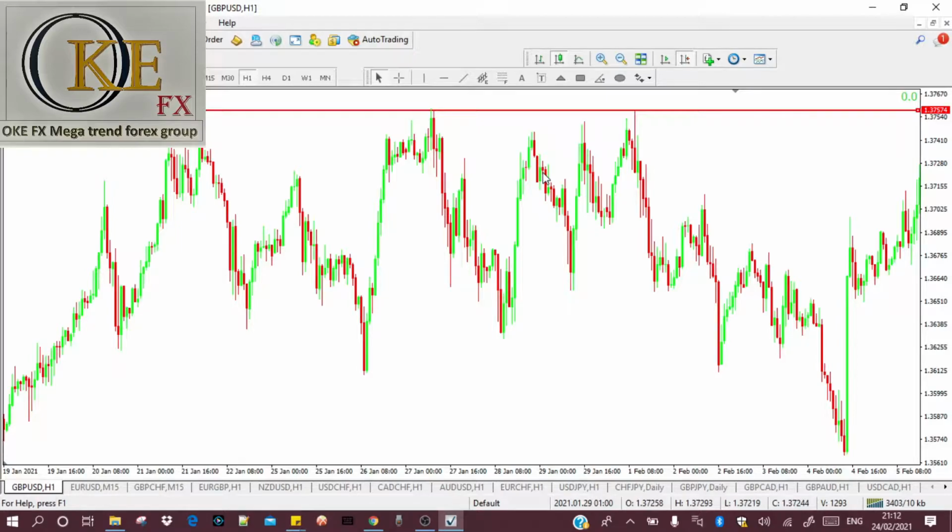And in a moment I will be showing you the disadvantage of drawing support and resistance as a line versus drawing it as an area.